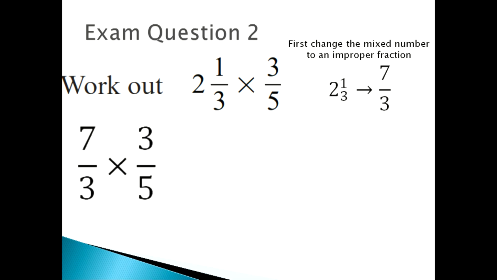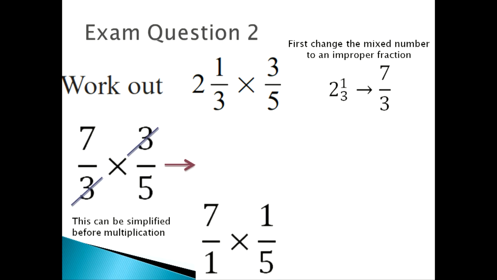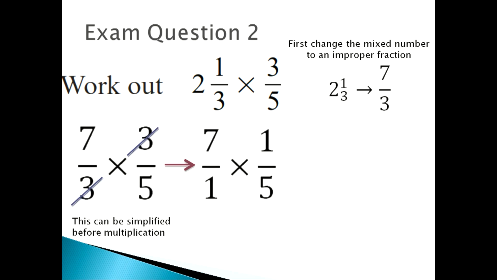And you put the 7 over 3 into the multiplication, so it would be 7 over 3 times 3 over 5. You can cancel down the 3 and the 3 because they both go into each other to become 1. So the new multiplication is 7 over 1 times by 1 over 5.